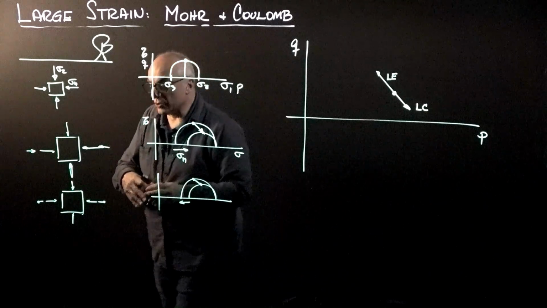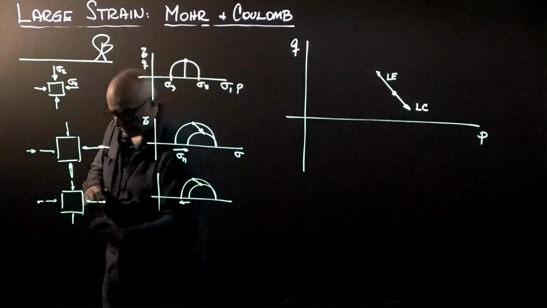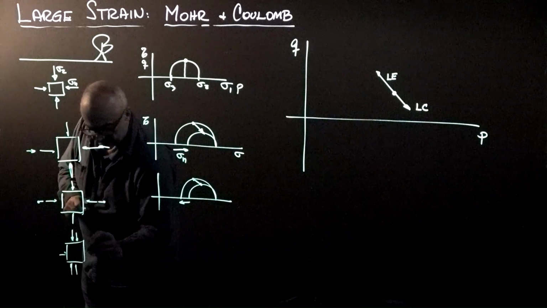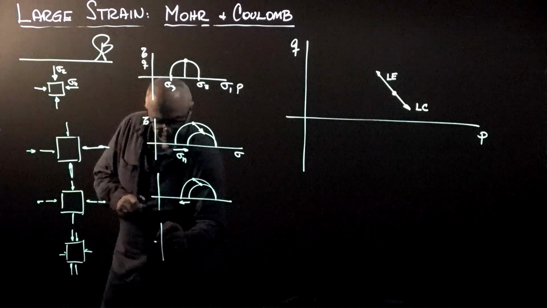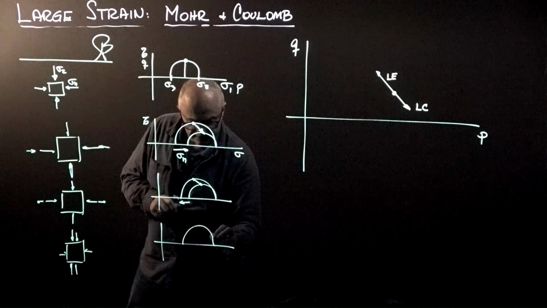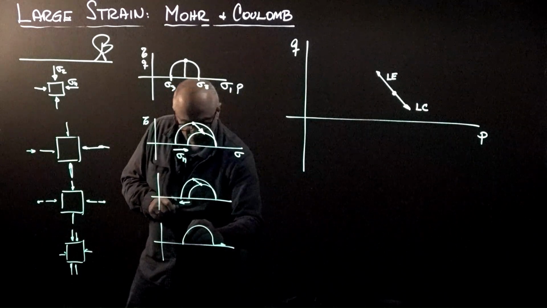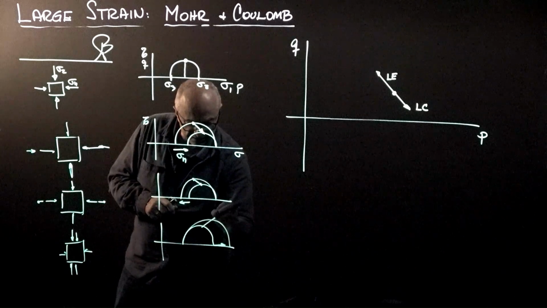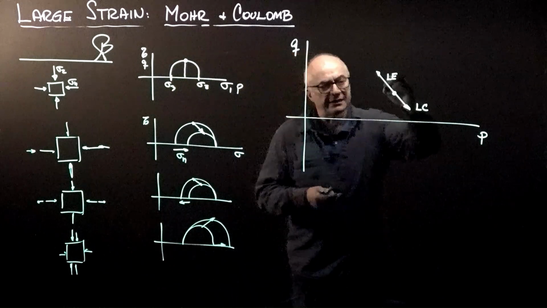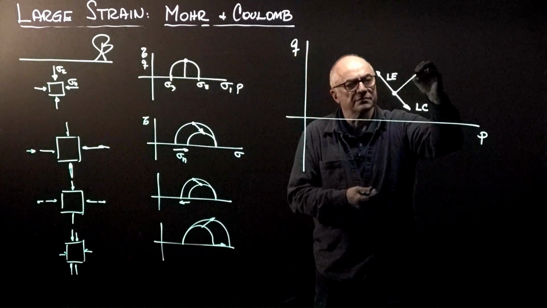Of course, we can always add a vertical load. If we add vertical load and maintain the horizontal constant, from the initial condition the vertical is going to increase, and so the Mohr circle will increase in this direction, and the apex will follow a 45-degree path up. This is axial compression.